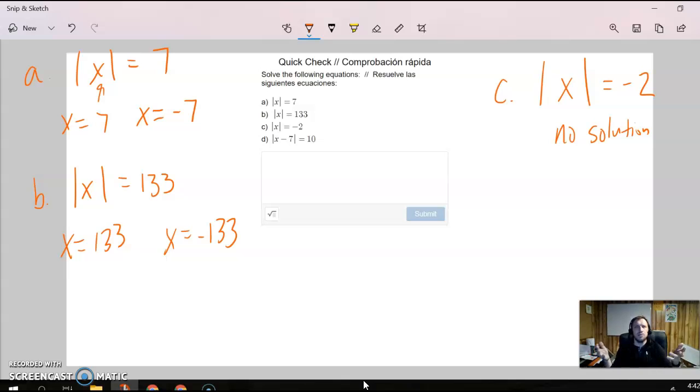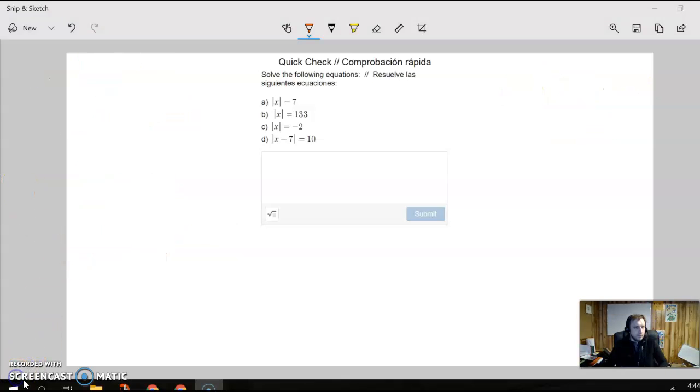That's like me asking you to take -2 steps. You might think, oh, I go backwards, but no. Or what if I asked you to drive -2 miles? Even if you back up in your car 2 miles, you're still driving 2 miles. So the answer is no solution because you can't have a negative answer.